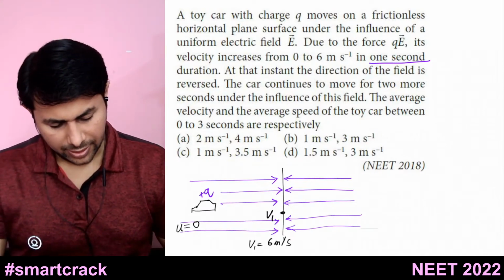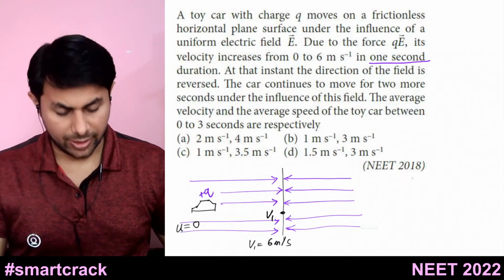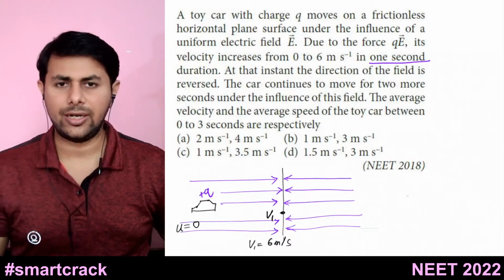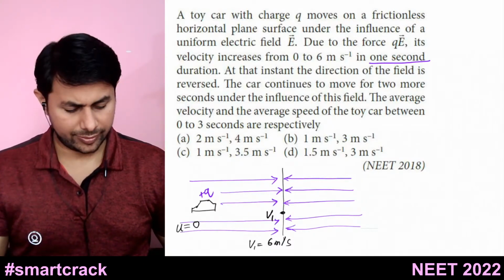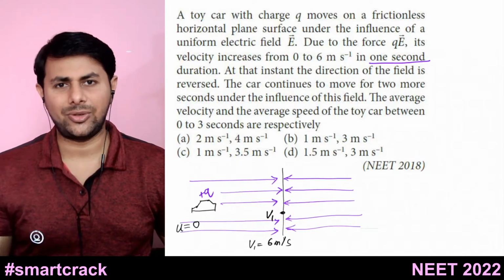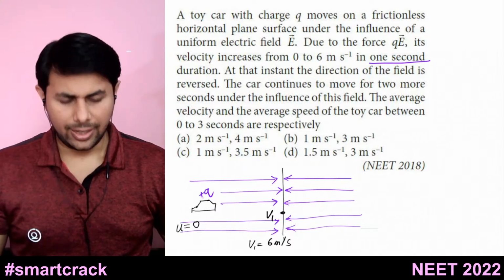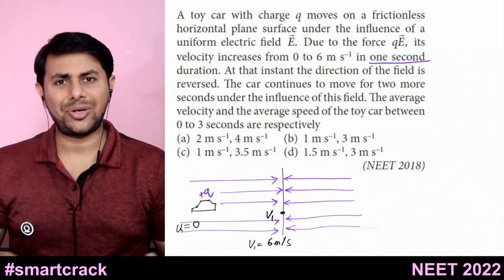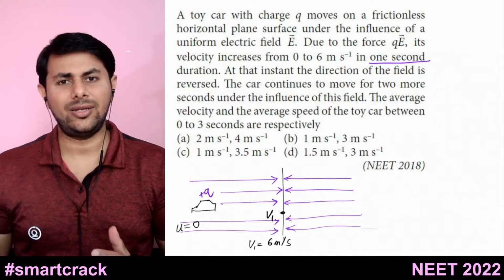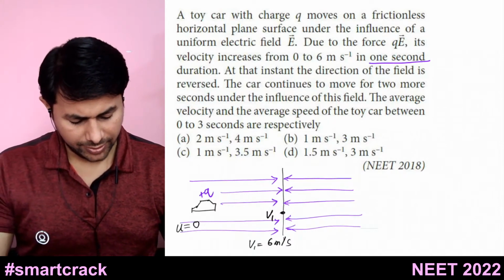After that, it is allowed to move in this reversed electric field. Earlier it was getting accelerated, now it will get decelerated. If the electric field is the same, that means the force acting on the car is equal, so the deceleration will be equal to the earlier acceleration.